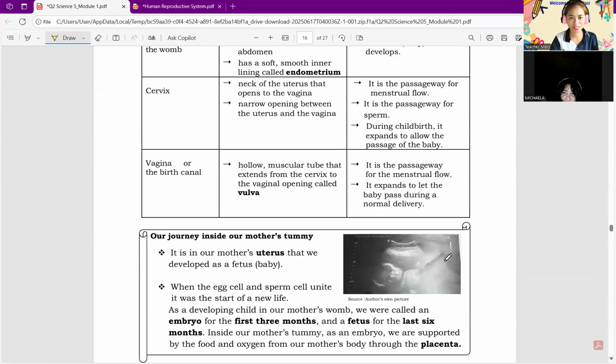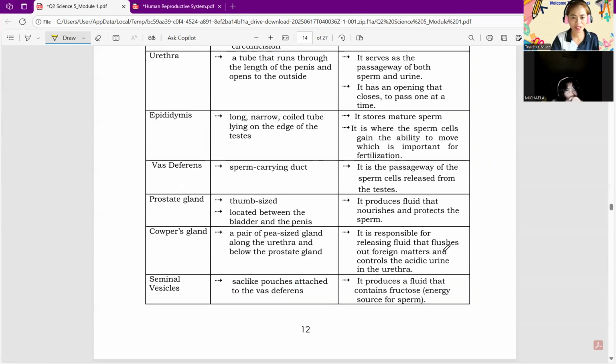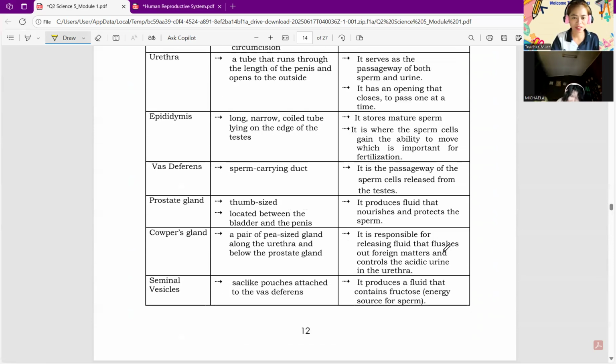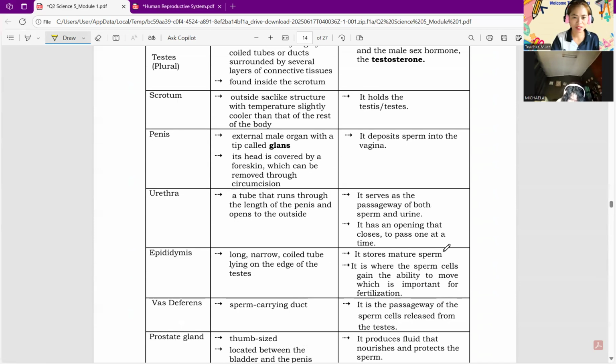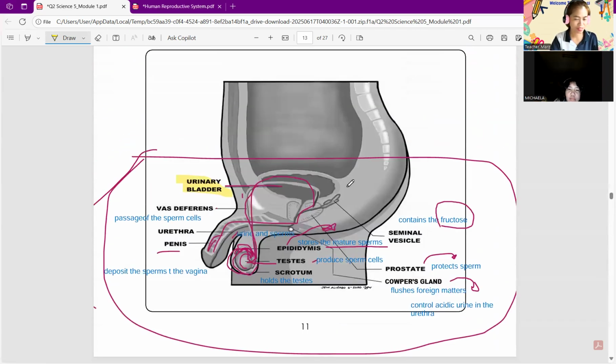Okay, where is that? Let's try to check with the illustration. A sac-like structure that protects the testes. So here is the testes. Where are the testes? Here. So this is the testis, right?